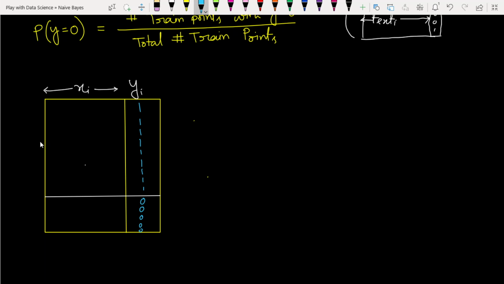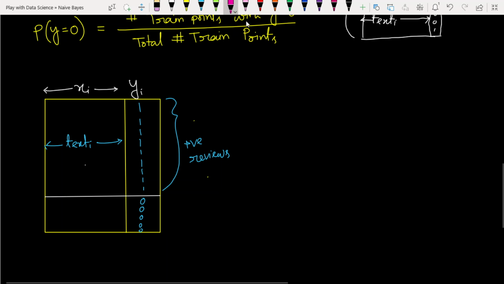For this positive review, this is our sample text. So we simply divide our data set into positive reviews and negative reviews.